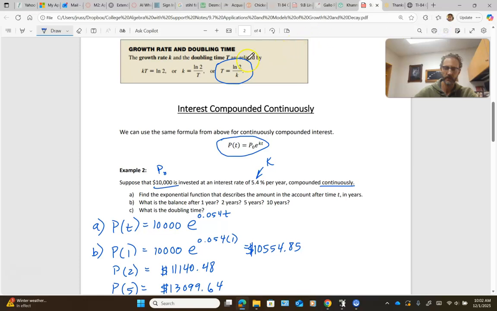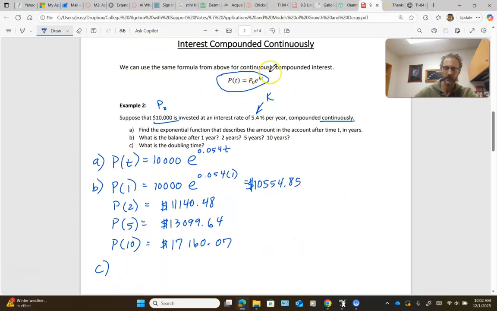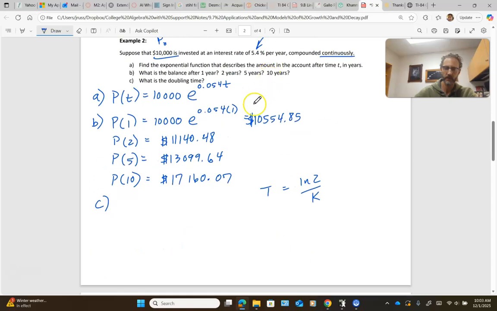So that's what I'm going to do. I'll rewrite it over here so we'll have it to reference. Natural log of 2 divided by k. So if we want to find the doubling time, we'll take the natural log of 2 and divide it by k, which in this case is 0.054. And that'll give us the doubling time. So you can see this saves us a lot of work, doesn't it, guys?